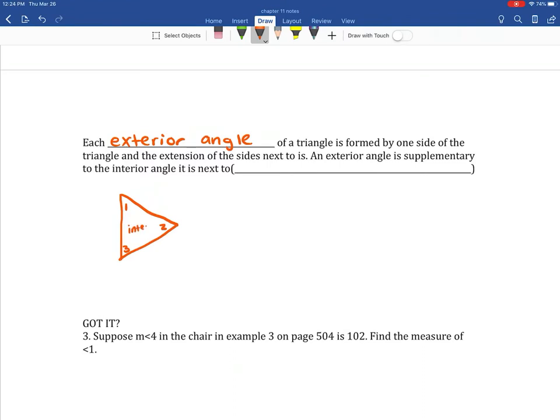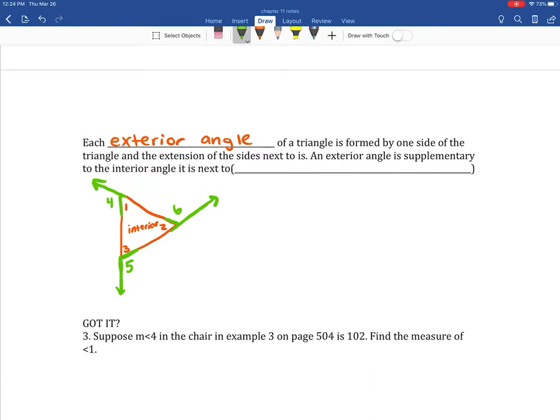These would be our interior angles because they're inside the triangle. But if I extended the sides, I now have exterior angles. I have an outside one here that's formed by the extension and one of the sides. I have an outside one here that's the extension and one of the sides. And I have another one, extension and one of the sides.